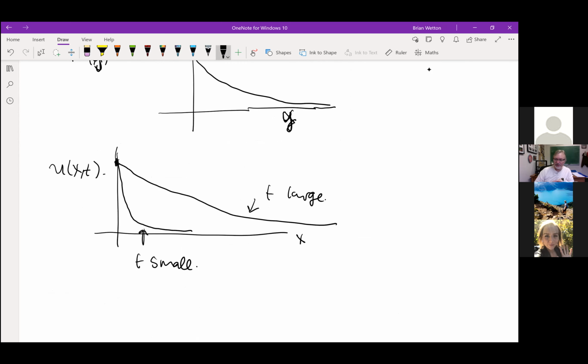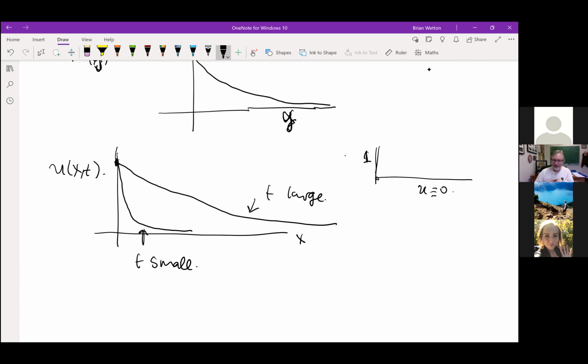Now you can see that this matches up with your intuition for what should happen with this problem. Remember, physically, this was the rod that has some heat conduction going on in it. It started off at time 0 with u identically equal to 0. And then right away, you put it in contact with something at a higher temperature.